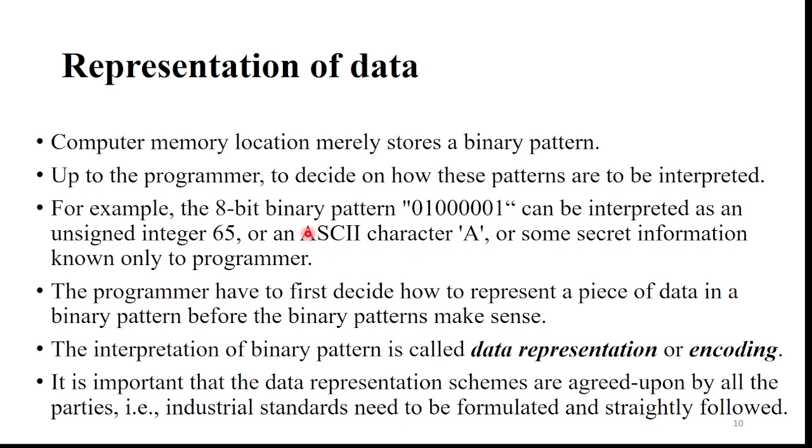For example, an 8-bit binary pattern, zeros and ones like this: 10000010. So we have here an 8-bit binary pattern. This can be interpreted as an unsigned integer. If we convert this number to decimal, we get 65. So 65 is stored in the memory of a computer in this form. Or we can store it in another way, we can use what's called the ASCII character A. So this number represents, for example, the character A in ASCII code.